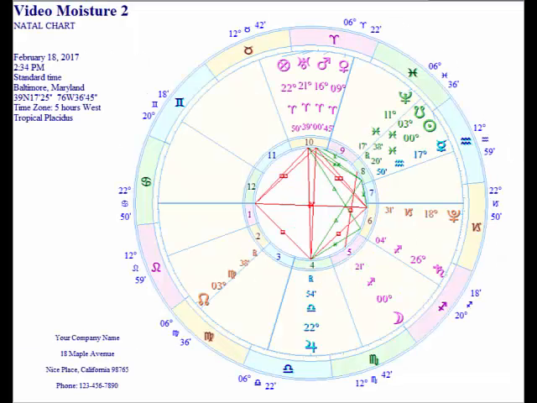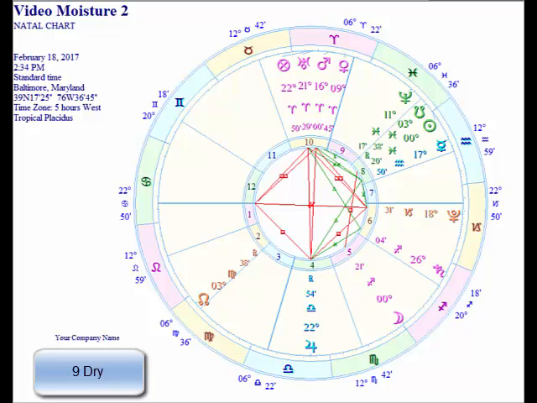And here's the second moisture chart, which begins about February the 17th and lasts another 7 days. And to tell you the truth, I don't quite know how to interpret this particular chart for 2 reasons. The dryness factor is 9, which means it's not a moist chart.